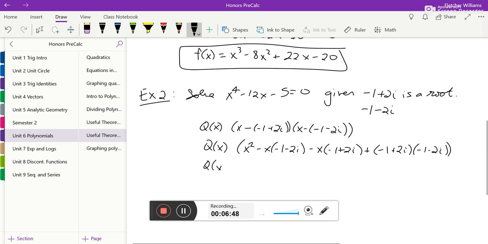And then get to FOILing, some distribution. So you get a plus x plus 2ix plus x minus 2ix. And then for the very last terms to FOIL, you'll get a plus 1 plus 2i minus 2i minus 4i squared.